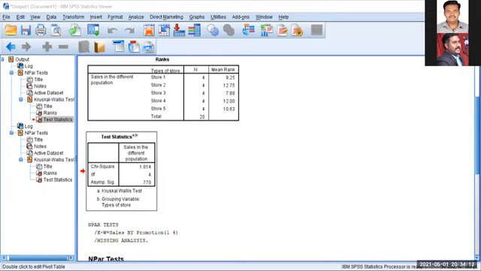So this is the output table. Now how to write the interpretation. Now I'll open the PPT and I'll show you. Okay, fine. Now I'll stop sharing the output screen and I'll share the PPT now.